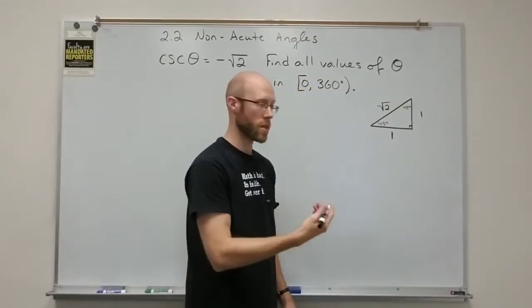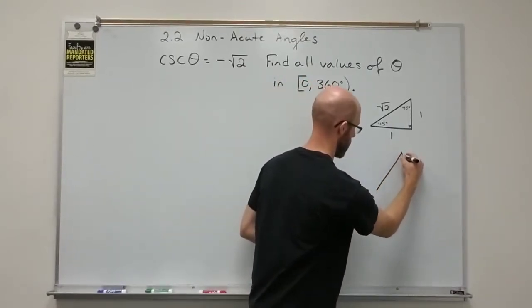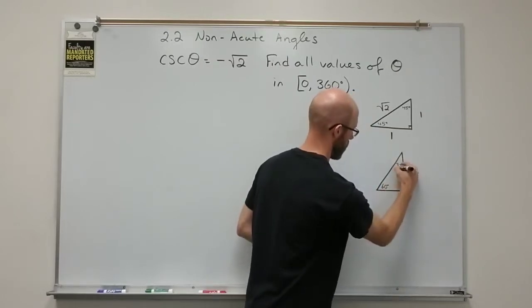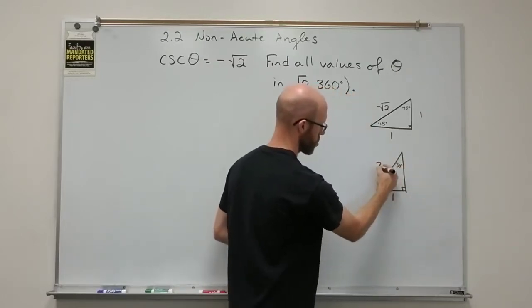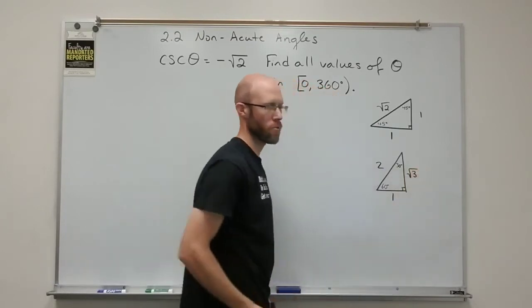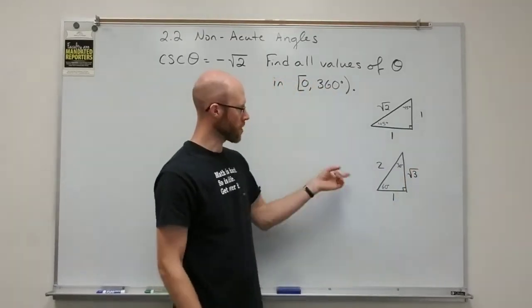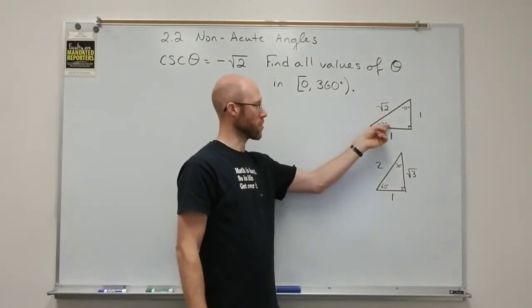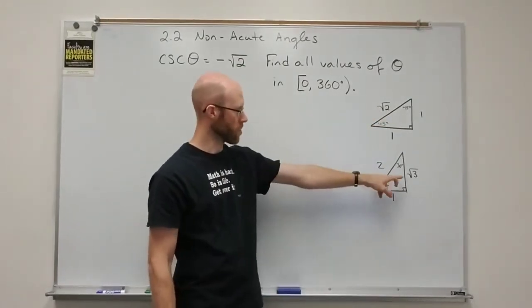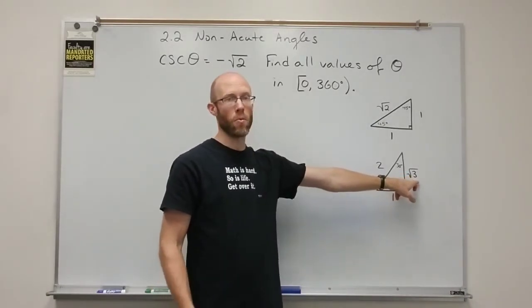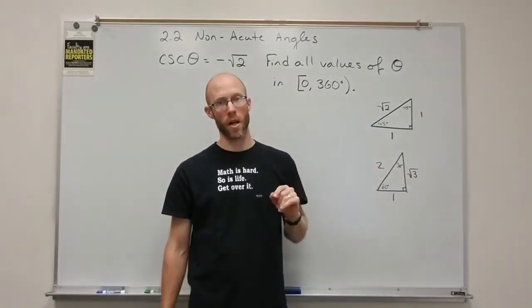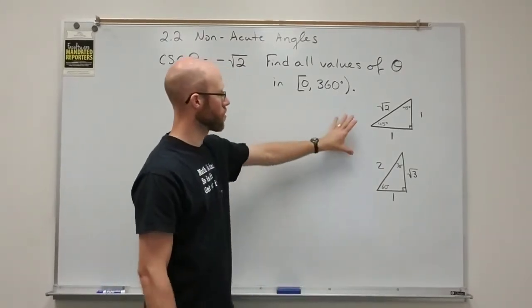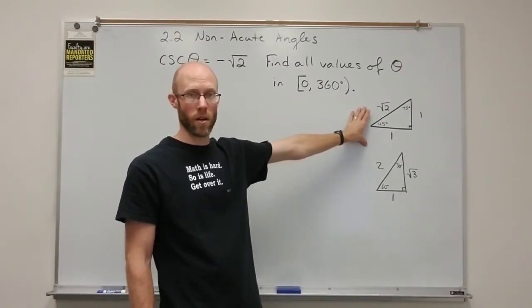And for a 30, 60, 90 triangle, we had side lengths of 1, 2, and square root of 3, okay? And so anytime you see a square root of 2, you're probably going to deal with a 45-degree angle. If you're dealing with a square root of 3, you're probably working with either a 30 or 60-degree angle, depending upon if it's sine or cosine or tangent or whatever. So this one, we're dealing with a 45-degree angle.